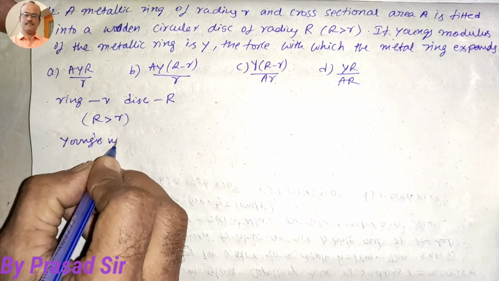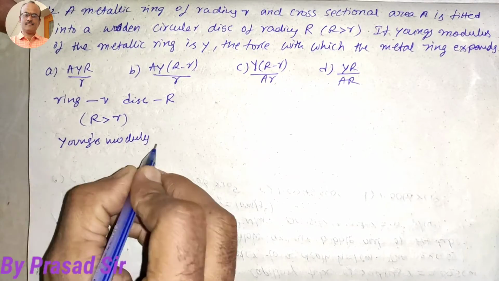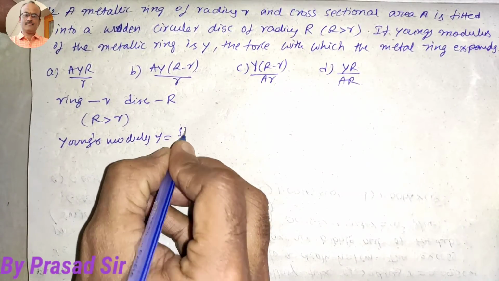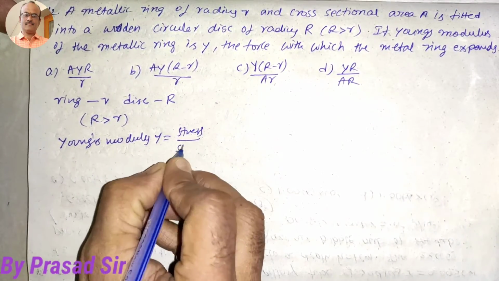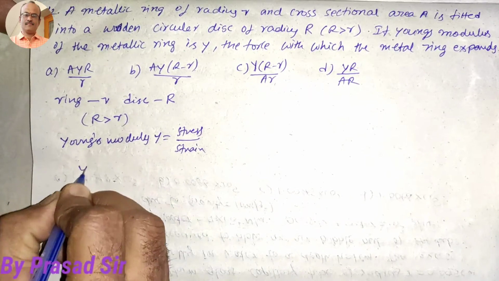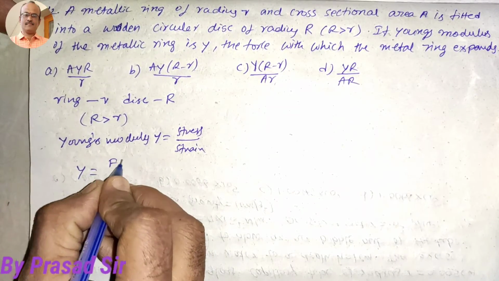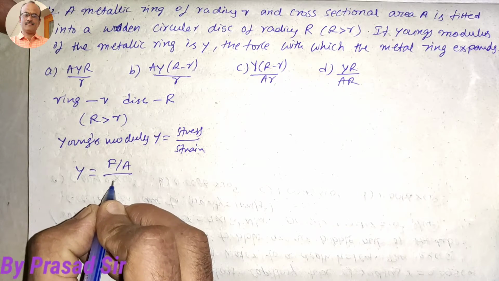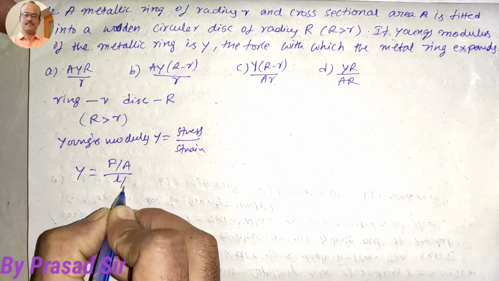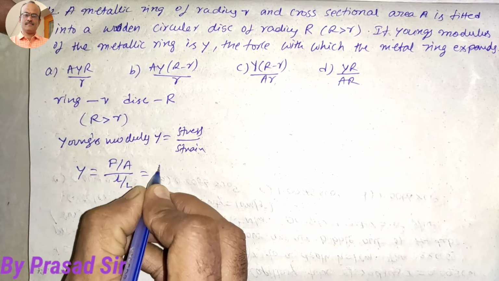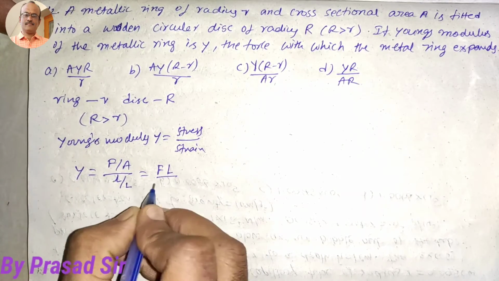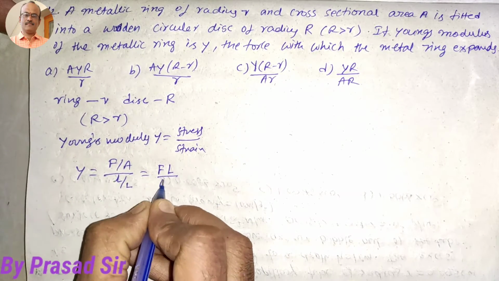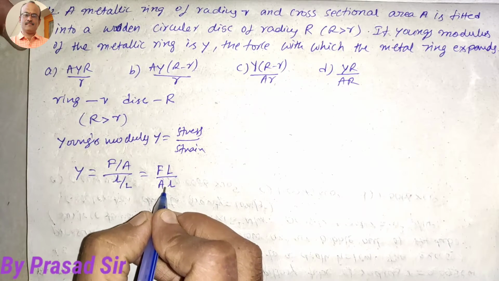So to calculate, we use Young's modulus. Young's modulus Y is equal to stress divided by strain. Stress is nothing but force by area and strain is change in length by length. So Y is equal to F into capital L divided by A into small l.